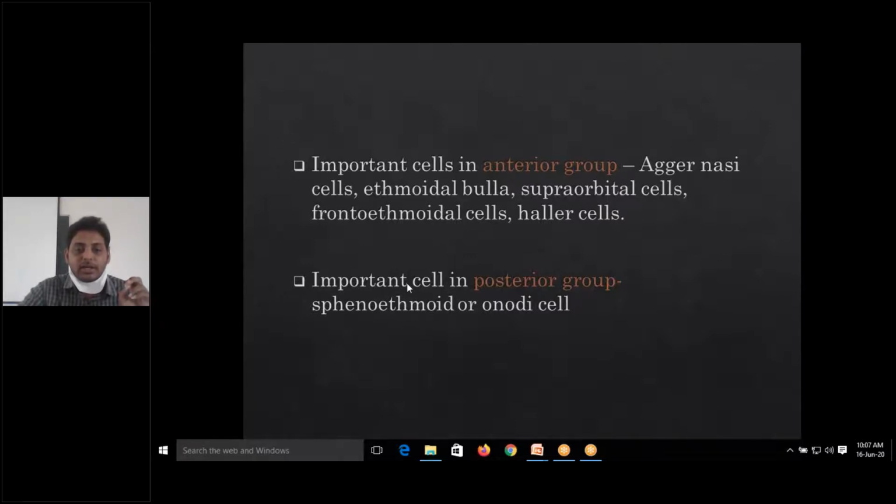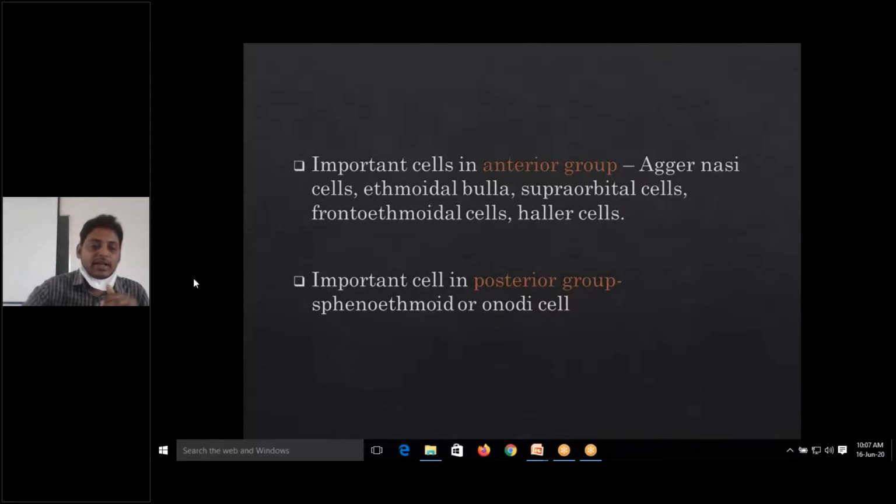Now coming to the posterior group of cells, known as sphenoethmoid or Onodi cells. If the pneumatization of the ethmoid sinus extends into the sphenoid bone or lateral wing of the sphenoid, the cell there is known as the Onodi cell.